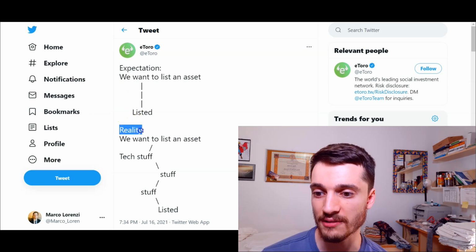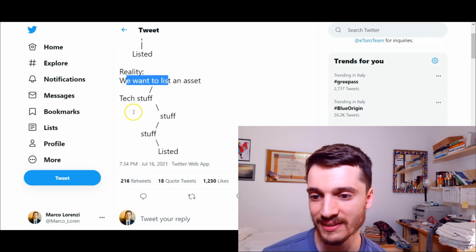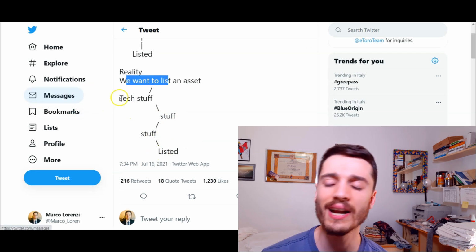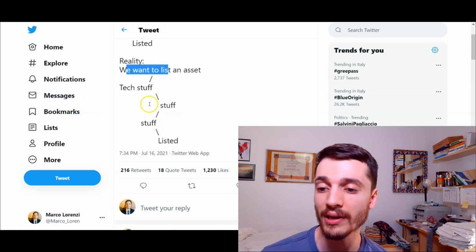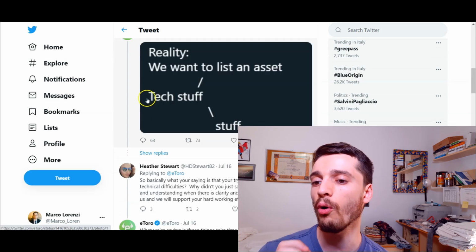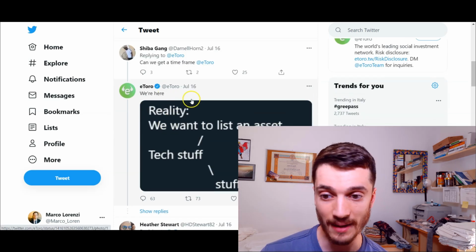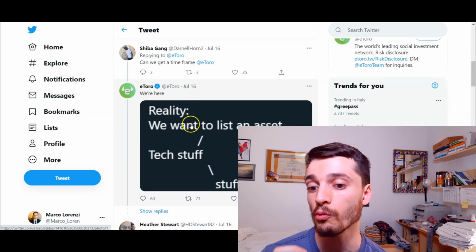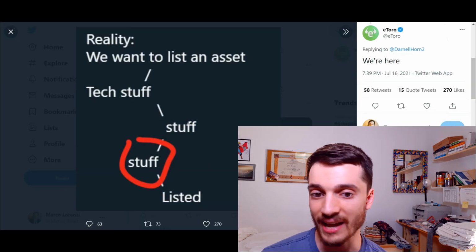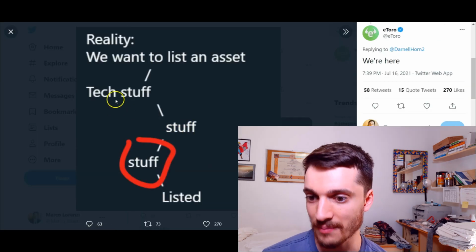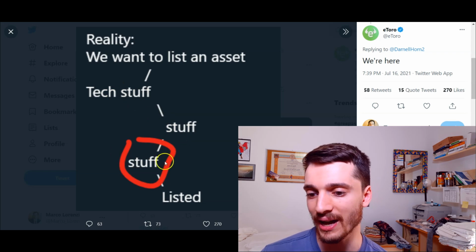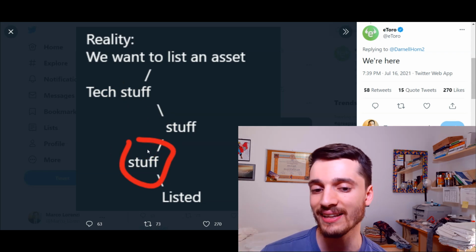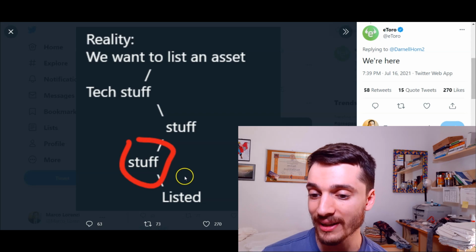So for example, they said, in reality, we want to list an asset, tech stuff listed. So they are basically telling us that it's not easy to list something on eToro. What they then gave us as an update on July the 16th, so 4 days ago, is that in reality for Shiba Inu, for Shib, they are already very close. We are at the latest step before we actually get listed.